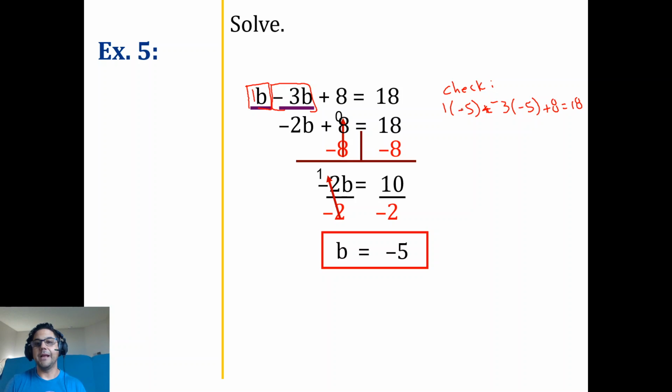So 1 multiplied by negative 5 is negative 5. Negative 3 multiplied by negative 5 is positive 15. 15 plus 8 is 23. Subtract 5. That does give me 18. All right, not bad.